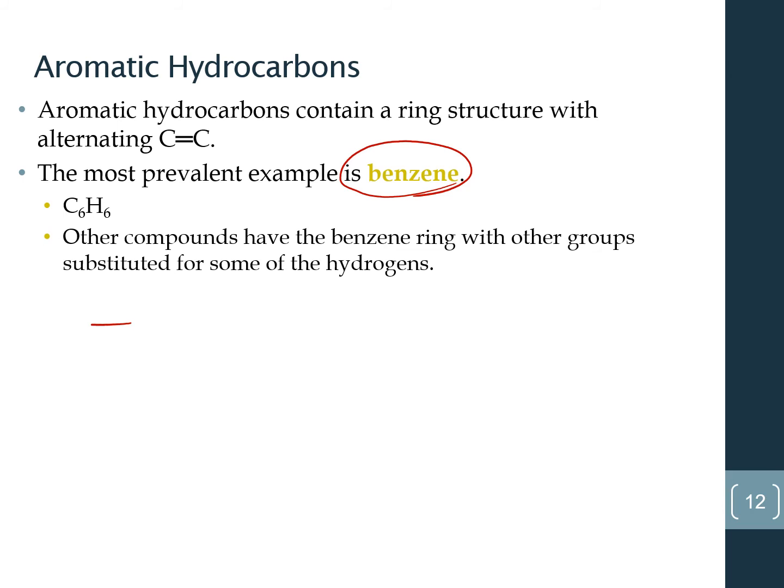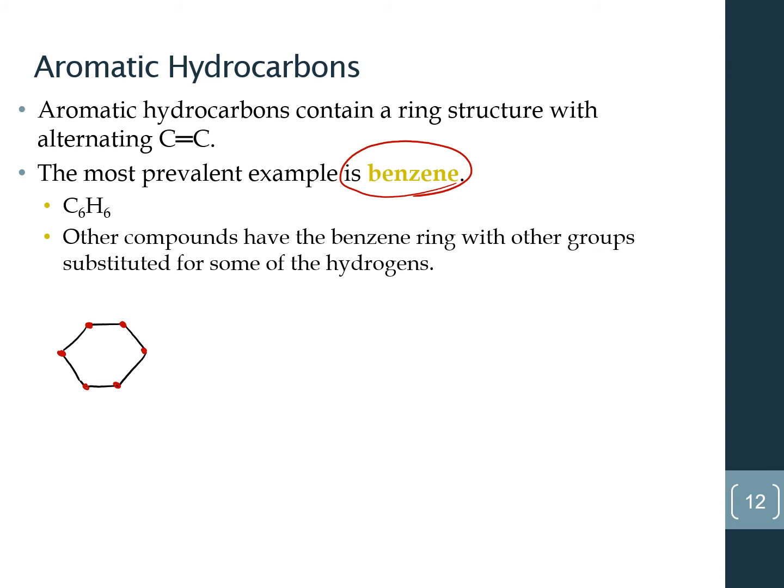So the structure for benzene, it's a cyclic compound containing 6 carbons. Each angle represents a carbon.